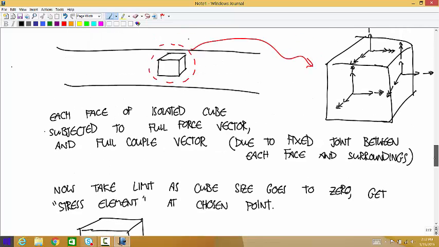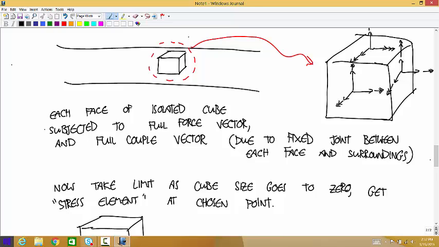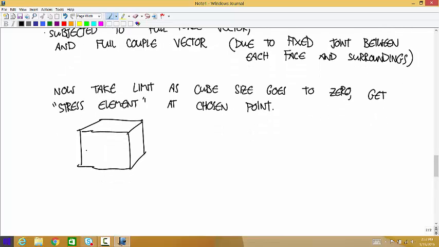So if this cube is a cubic inch or something, these couples are caused by those equal and opposite forces acting an inch apart, or less, but some distance apart. As we limit down to zero size, those forces shrink down to zero distance, and so in the limit we lose all those couples, and we're left only with forces.